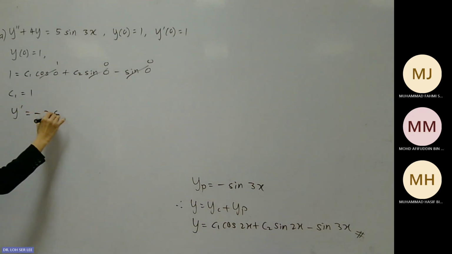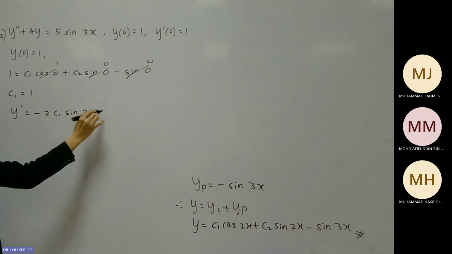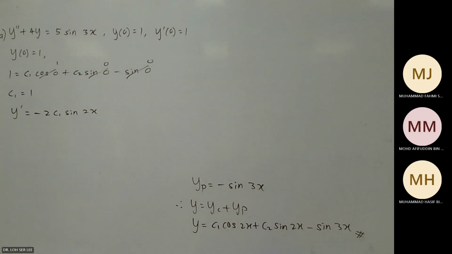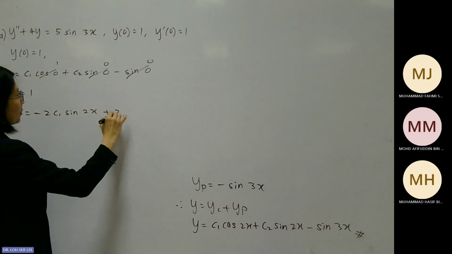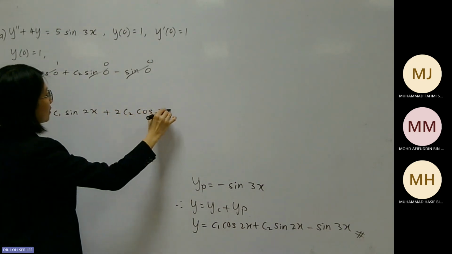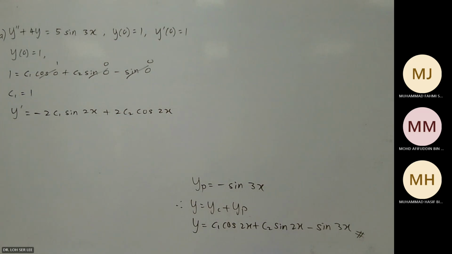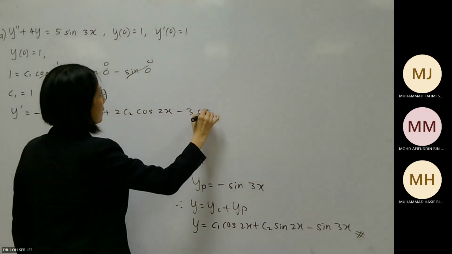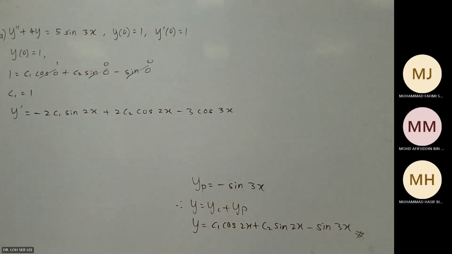So negative 2C1 sin 2x plus 2C2 cos 2x. Then minus 3 cos 3x. Then only you substitute the second initial value. When x is 0, y prime is 1.